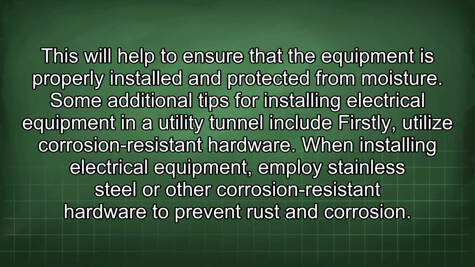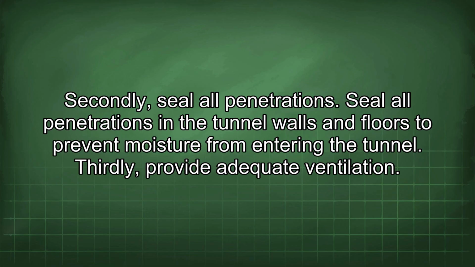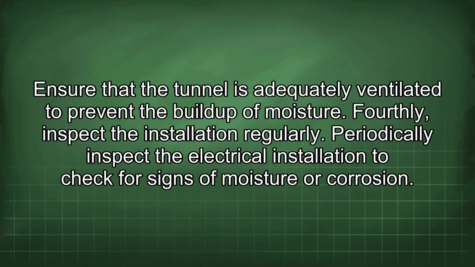When installing electrical equipment, employ stainless steel or other corrosion-resistant hardware to prevent rust and corrosion. Secondly, seal all penetrations. Seal all penetrations in the tunnel walls and floors to prevent moisture from entering the tunnel. Thirdly, provide adequate ventilation. Ensure that the tunnel is adequately ventilated to prevent the buildup of moisture.